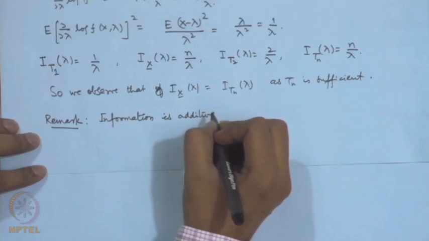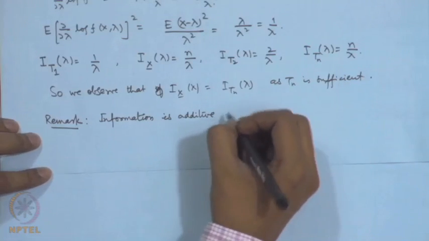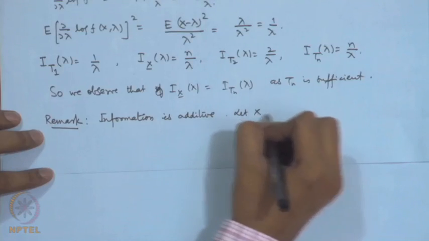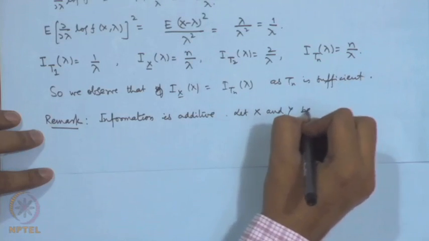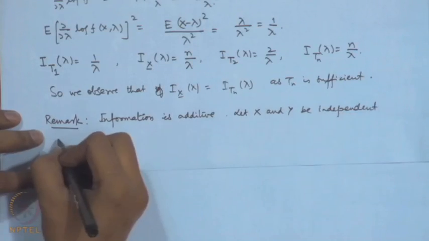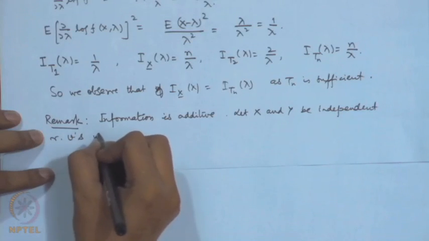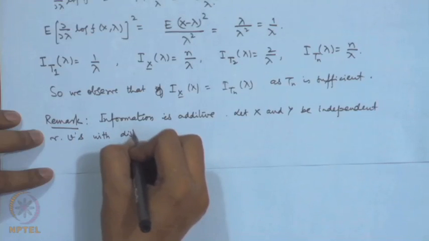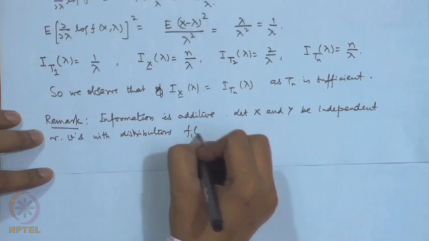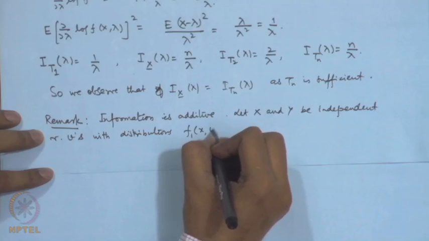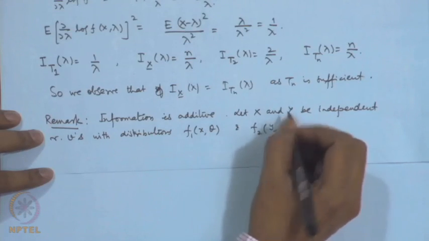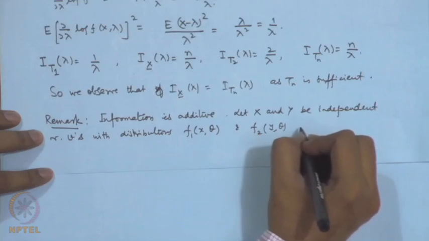So, suppose I am considering independent random variables, let x and y be independent random variables with distributions say f 1 x theta and f 2 y theta.